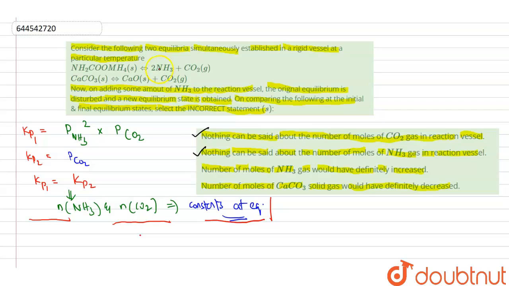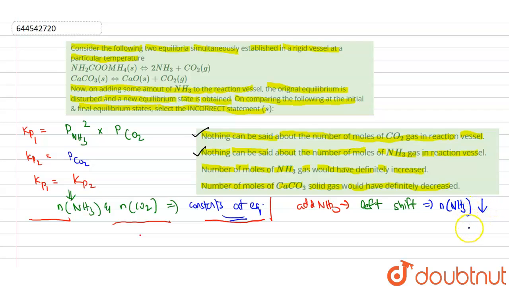The first equilibrium will shift towards the left. If you add NH3, what will happen? Left shift. So due to this left shift, the number of moles of NH3 will decrease.